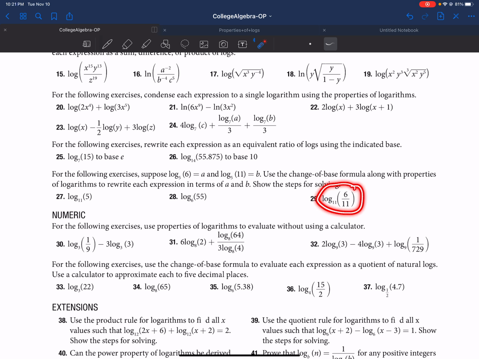The properties in here say that I have a quotient, and so I should get log base 11 of 6 minus log base 11 of 11. And now what I know is that log base 11 of 6 is supposed to be different. These are messed up. Don't worry about those right now. In these, though, I can show you these. Let me see. Yeah, these look good.